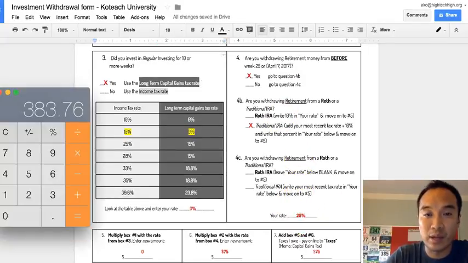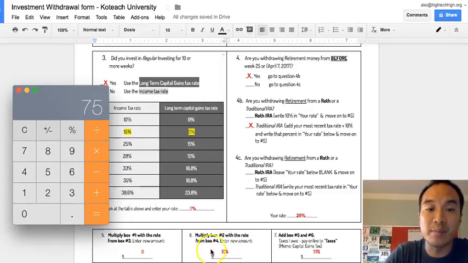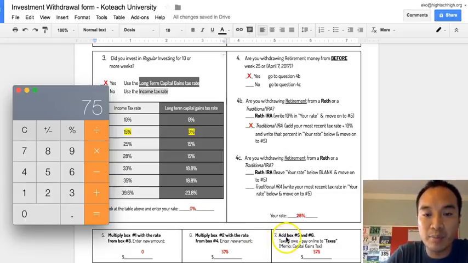So let's bring our calculator out, clear that. 300 times 0.25 is 75. And in fact, yep, that's 75. Box number 7 says add boxes 5 and 6. So box 5 is 0, plus box 6 is 75. 75. So far, so good.